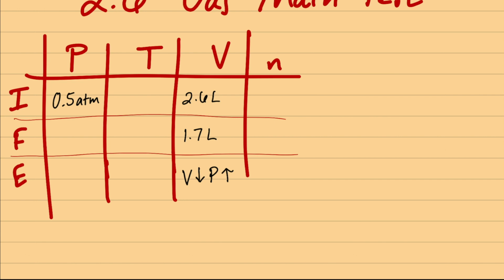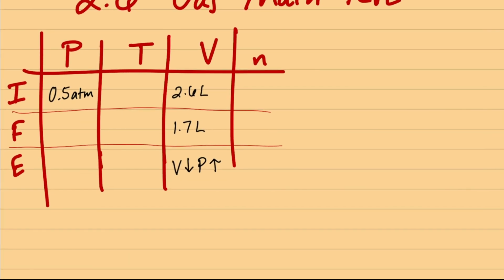So if the pressure's going up from 0.5, by the way, we're solving for new pressure here, I should have said that. If our pressure's going up, then we need to start at 0.5 atmospheres and do something to that pressure to make it go up. So whatever our final answer is should be bigger than 0.5.